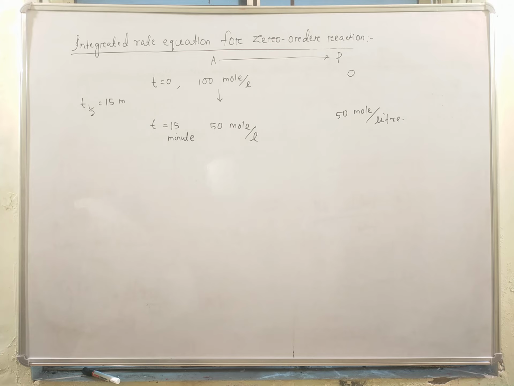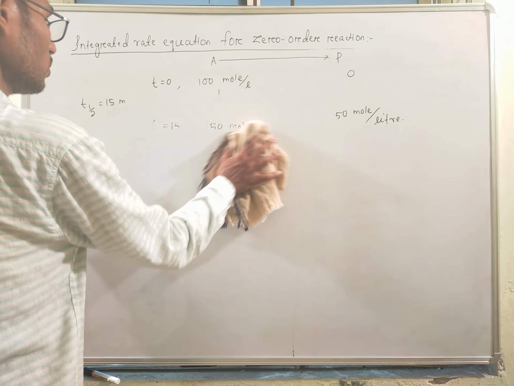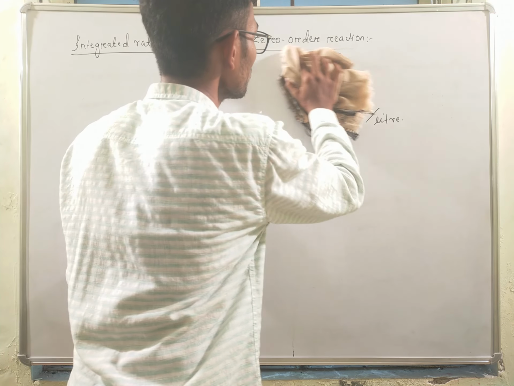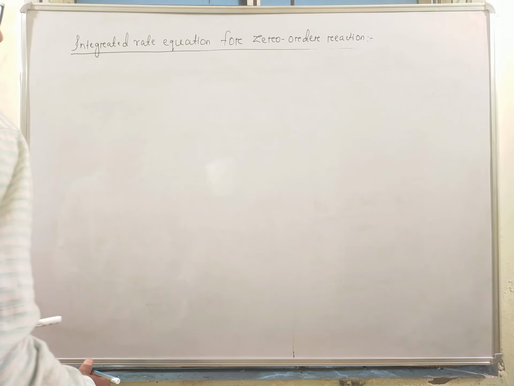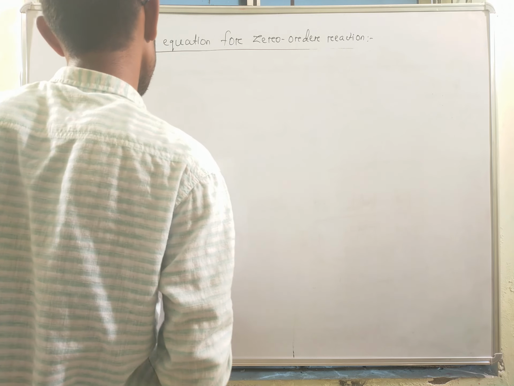So first we have to write the definition, then we have to proceed. So simply the time required for half of the completion of reaction is known as half life period.